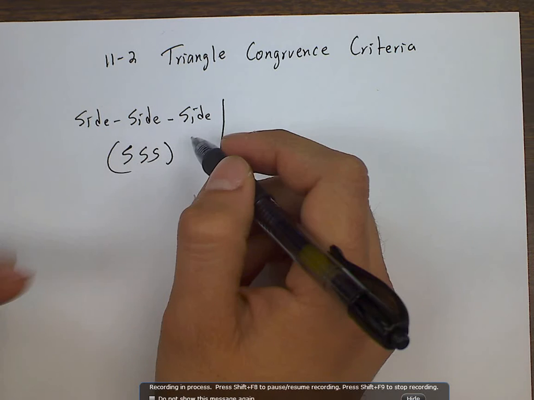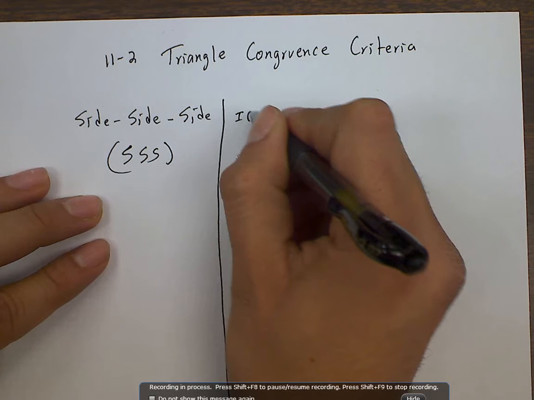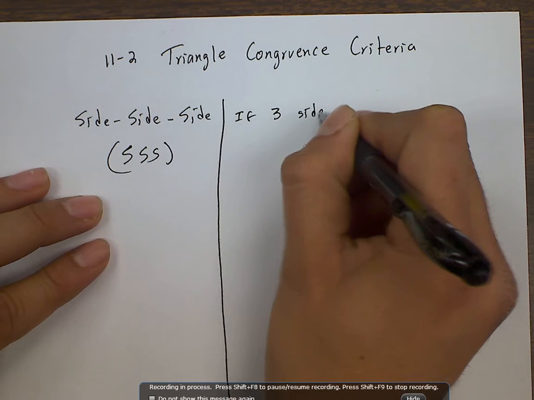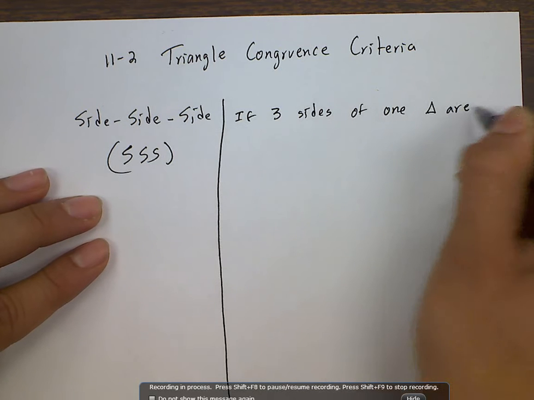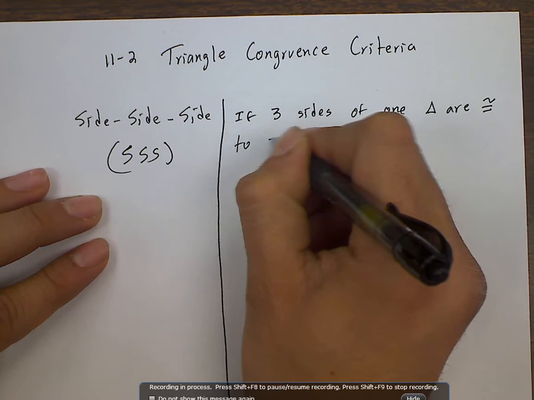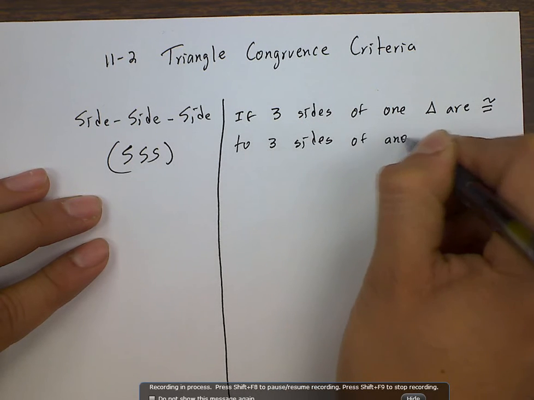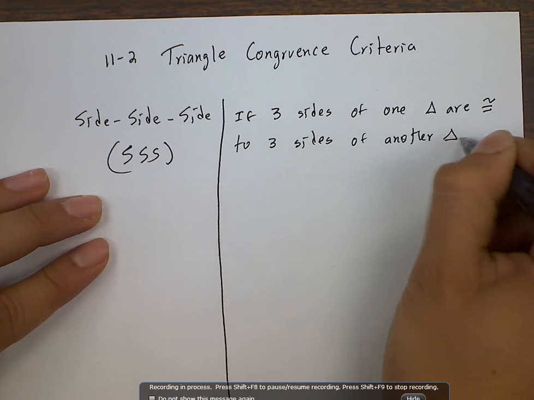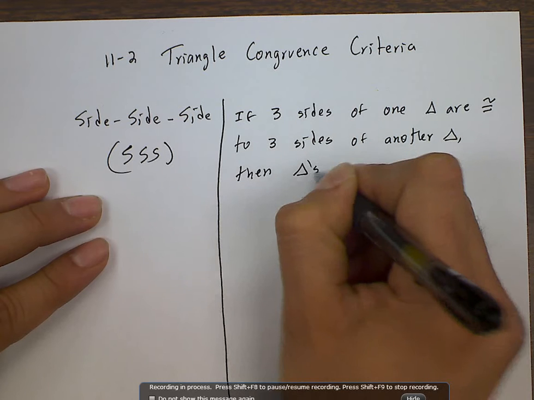Okay, so the side, side, side postulate says that if three sides of one triangle are congruent to three sides of another triangle, then the triangles are congruent.